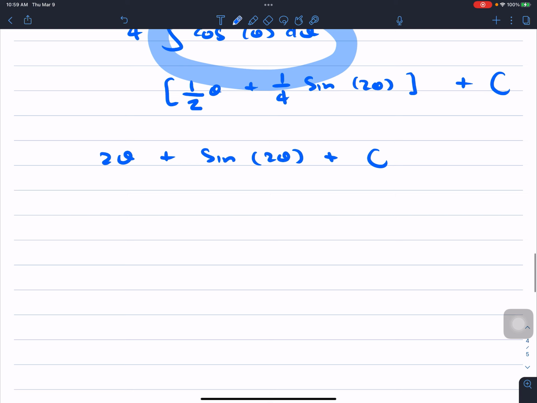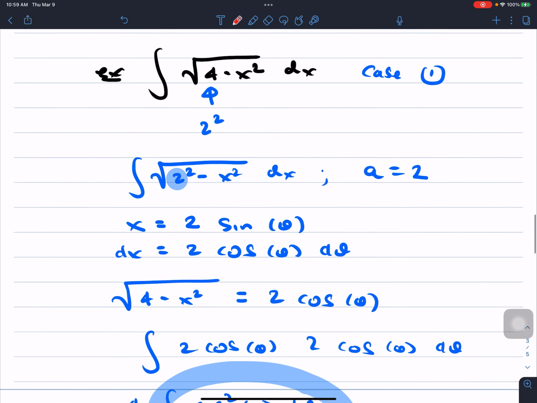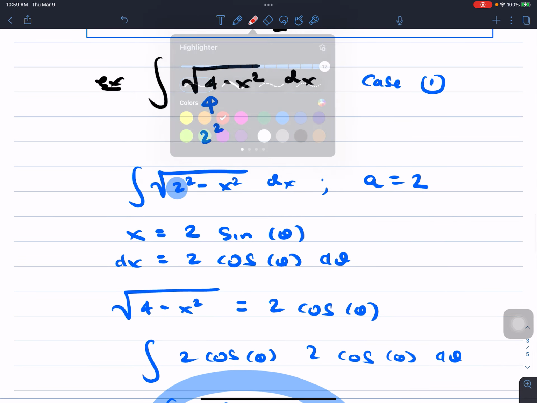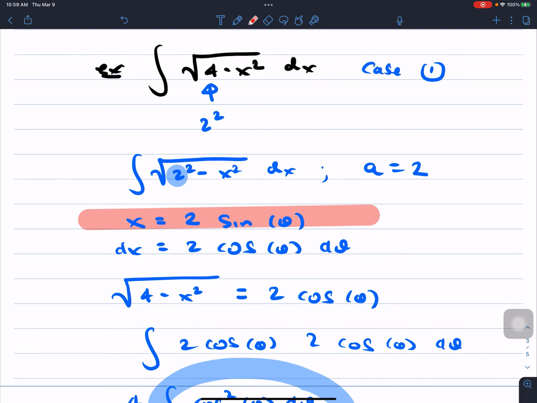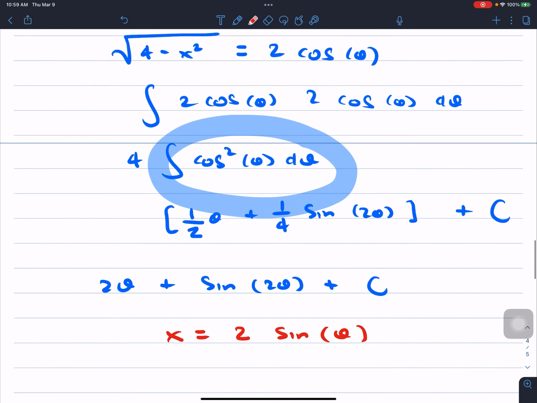And then, what do you really have to go back and use? Remember, what did you say x was? X was really what? 2 sine theta. Isn't that how you started this? Trig sub. This is a trig sub. So x is 2 sine theta.